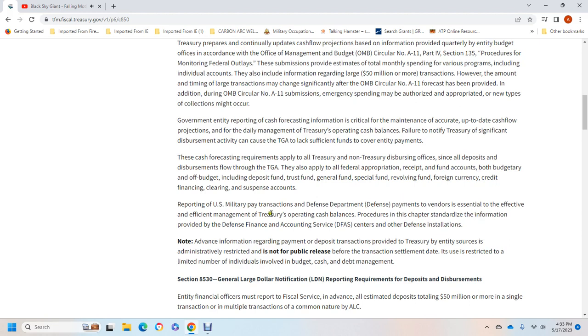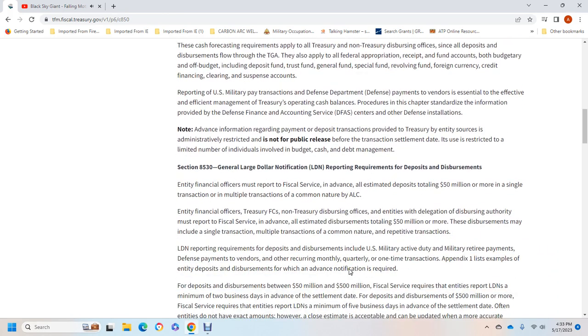Proceed with the chapter of standardized information provided by the Defense Finance and Accounting Service and the Center of the Defense Installation. Note that additional advanced information regarding payment of deposits and transactions provided by the Treasury and entity source is administratively restricted from non-public release before the transaction settlement date, to restrict the number of individuals involved with the budget and cash deposit and debt collections.